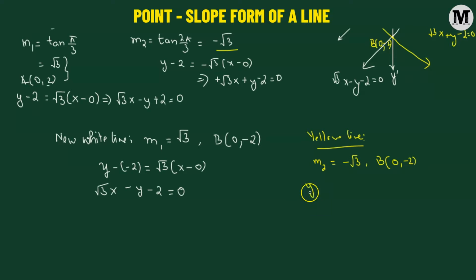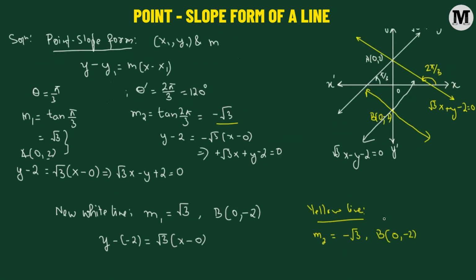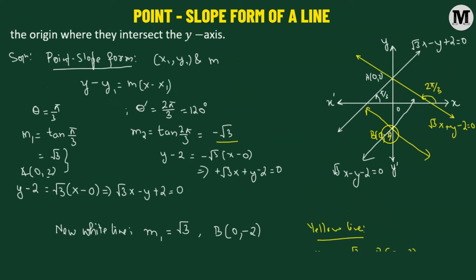So our equation is y minus negative 2 equals negative square root of 3 multiplied by x minus 0. So we get the equation square root of 3 x plus y plus 2 equals 0. This is the equation of the line which passes through the point B (0, negative 2), meaning it is passing through a point 2 units below the origin and is parallel to the line which makes an angle 2 pi over 3 with the x-axis.